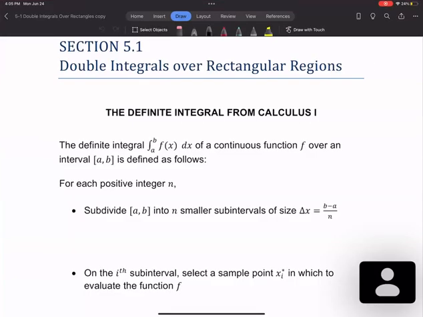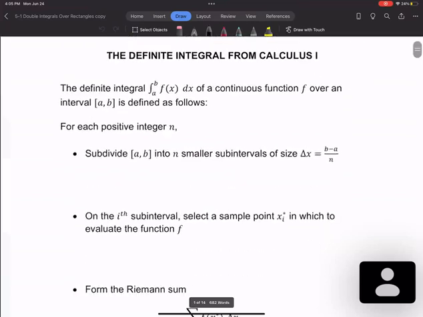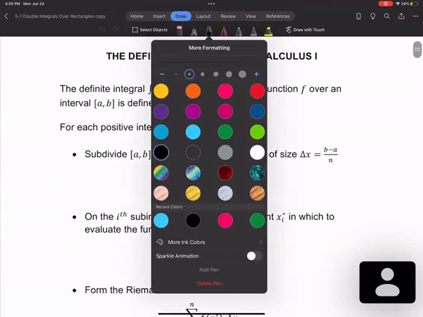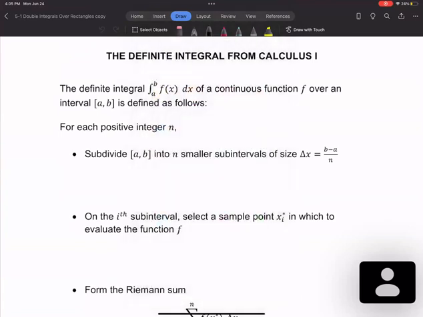Okay, so let's remember a little bit the integration from calculus 1. We define an integral on the interval a and b, right? Let's say that f is a continuous function, like this.